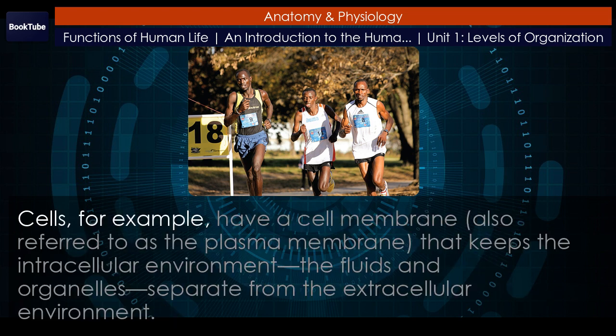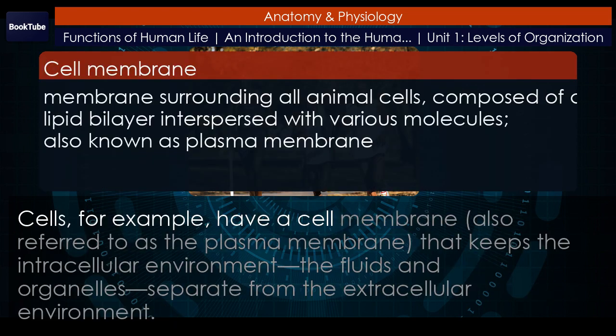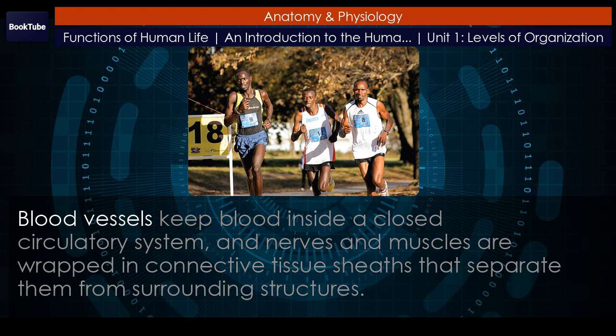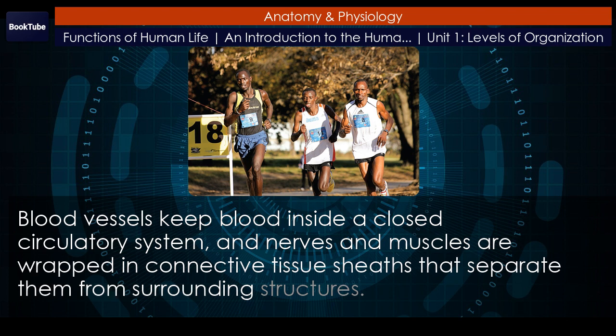Cells, for example, have a cell membrane, also referred to as the plasma membrane, that keeps the intracellular environment, the fluids and organelles, separate from the extracellular environment. Blood vessels keep blood inside a closed circulatory system, and nerves and muscles are wrapped in connective tissue sheaths that separate them from surrounding structures.